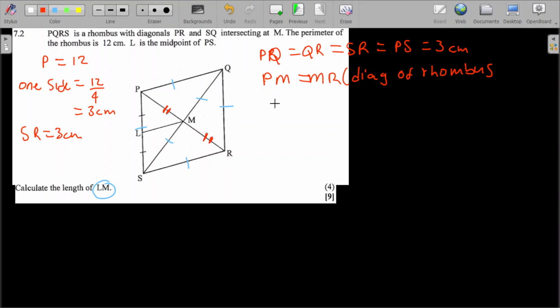And again, we are told that PL is equal to LS. This is given. And then from there, now in the triangle, this is very important again. So in the triangle PSR, in this triangle here.